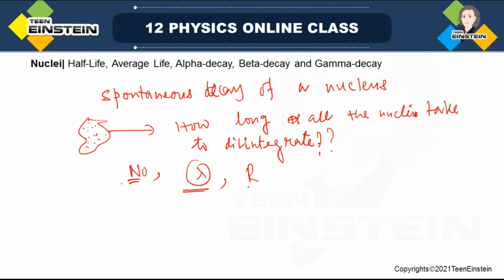So after what time will the whole substance decay, all the nuclei? Now this is the problem: how to find out the time when a particular substance will completely decay.